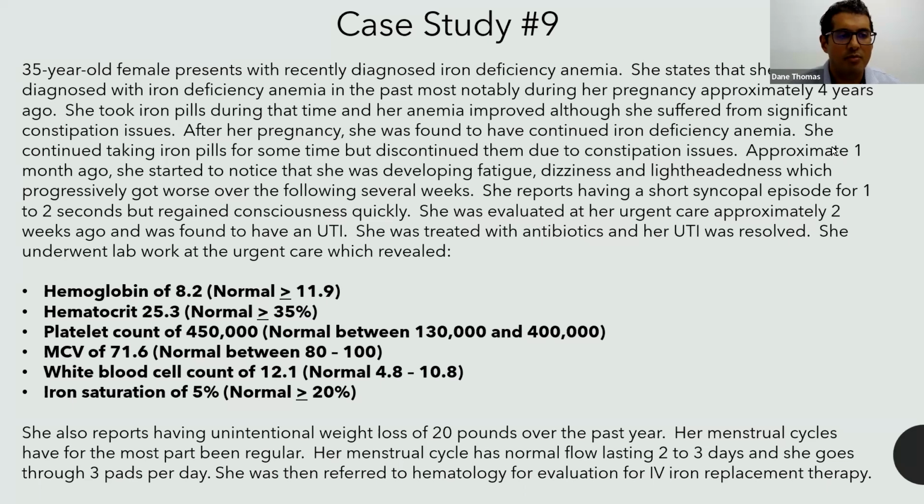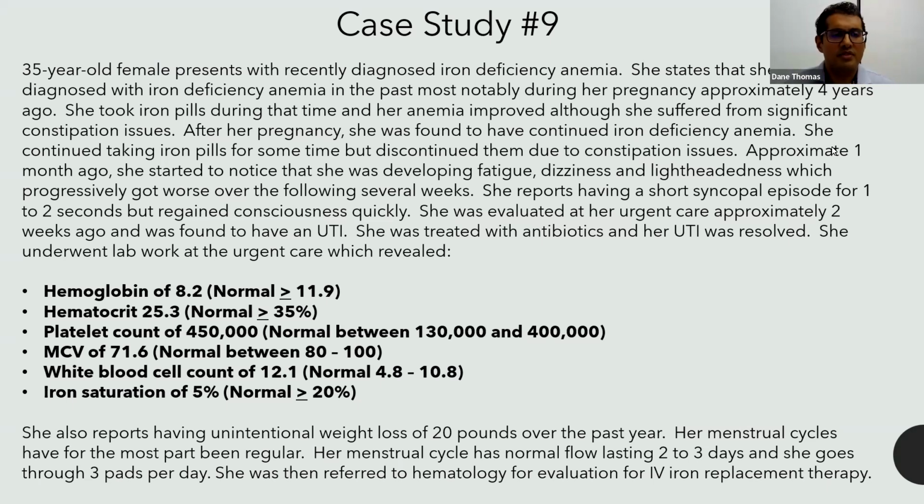And as you can see in the bold, she had pretty severe microcytic anemia with a hemoglobin of 8.2, hematocrit of 25.3, an MCV of 71.6, with a reactive thrombocytosis with a platelet count of 450,000, an elevated white blood cell count of 12.1, and an iron saturation of 5%.